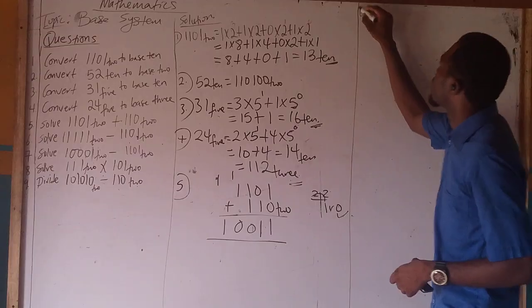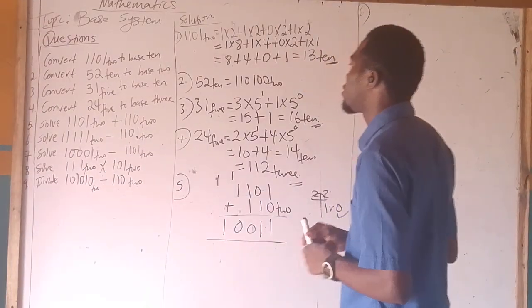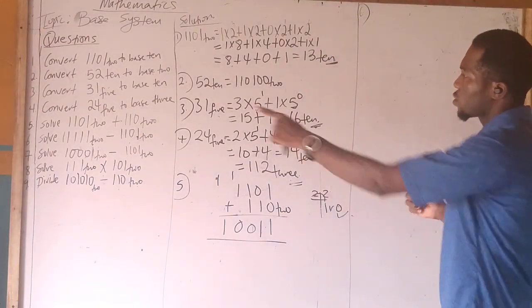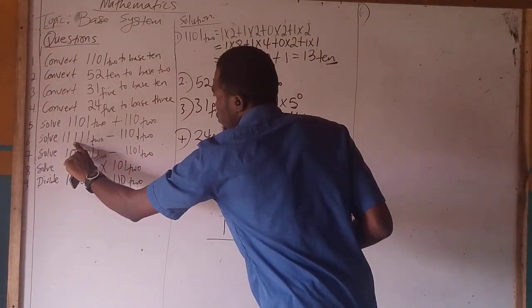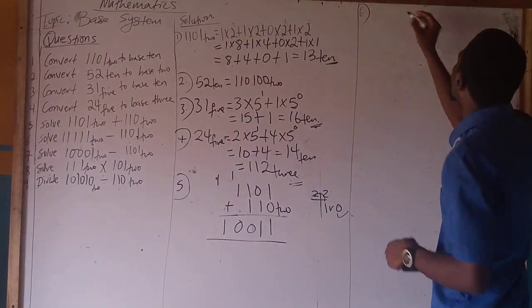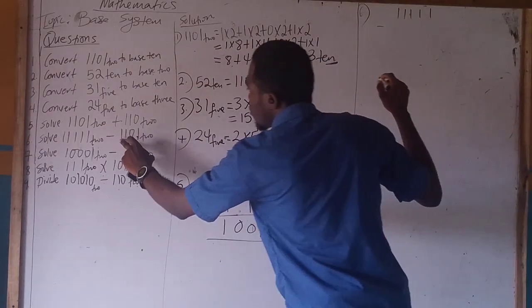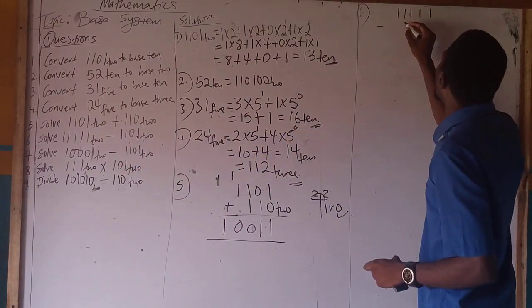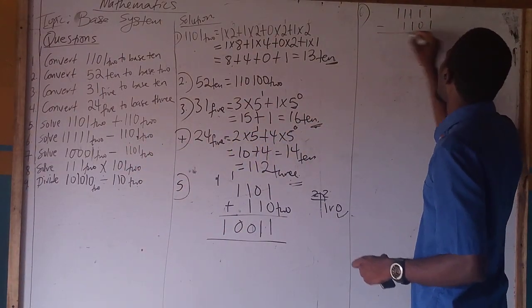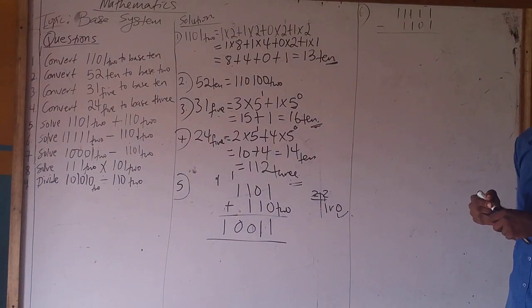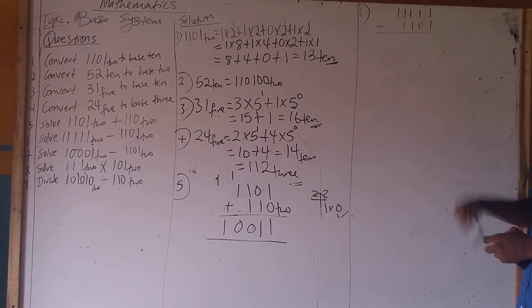So let's go to question 6. Question 6 says 1, 2, 3, 4, 5 minus 1, 1, 0, 1. Remember, always arrange your numbers accordingly.